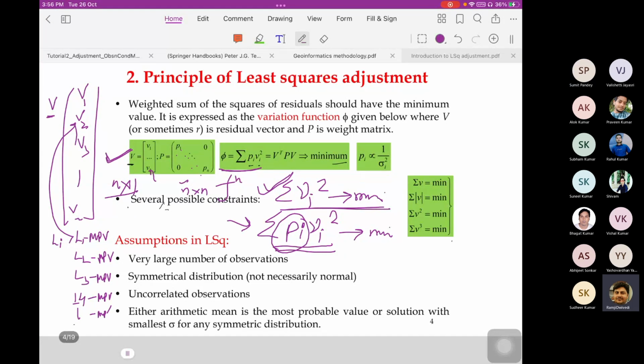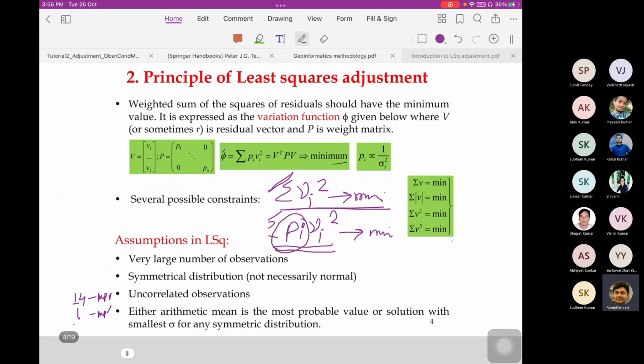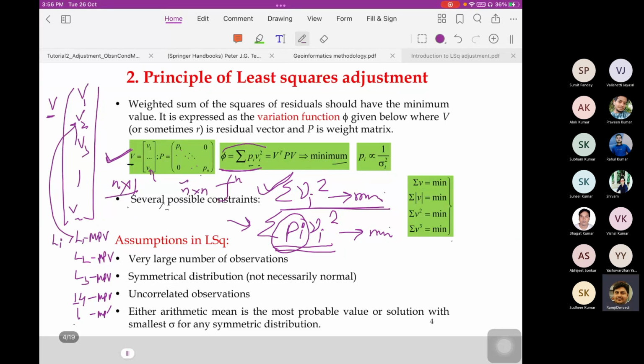So you make the function y is equal to summation pi vi square. But there is a little correction, in the sense this is the way of writing in a single dimension function. How do you write VTPV in matrix form?